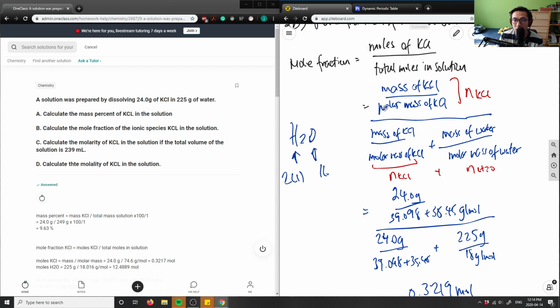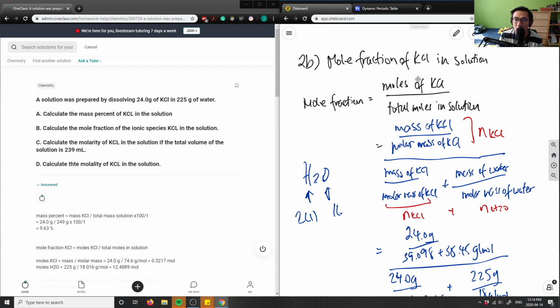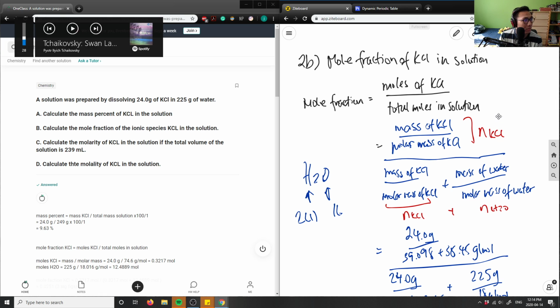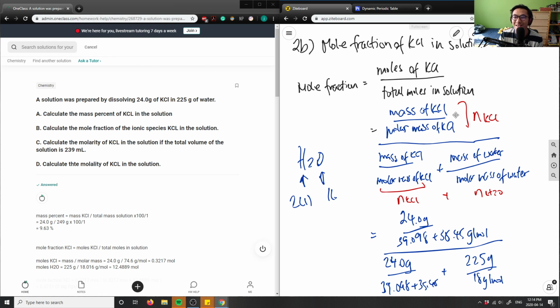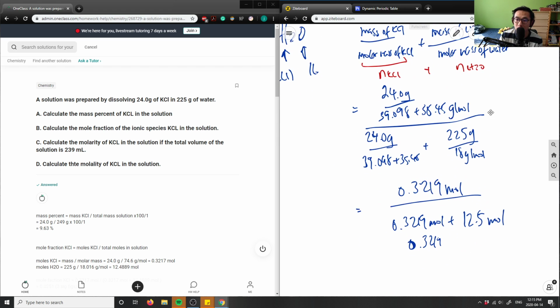So what I did here kind of looks complicated, but it really isn't. It's just the moles of potassium chloride divided by the total moles in solution. So I found the moles of potassium chloride, divided by the moles of potassium chloride and moles of water. The total moles in solution is the denominator, and the numerator is the moles of potassium chloride.